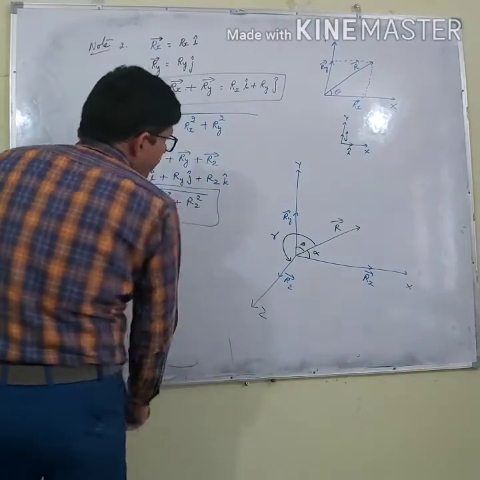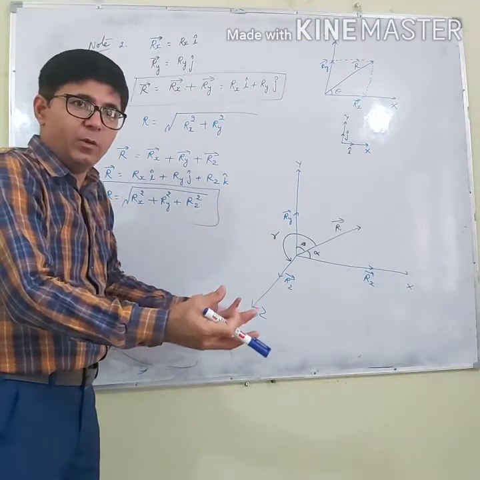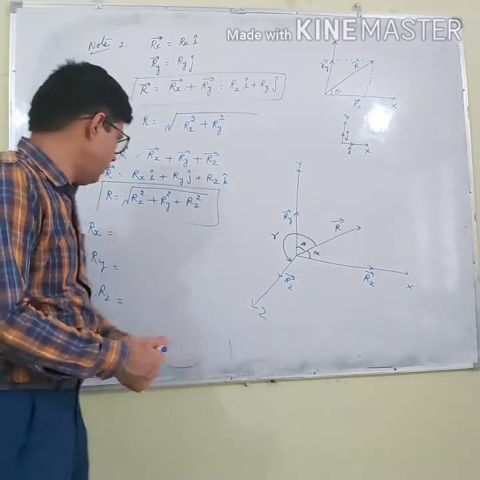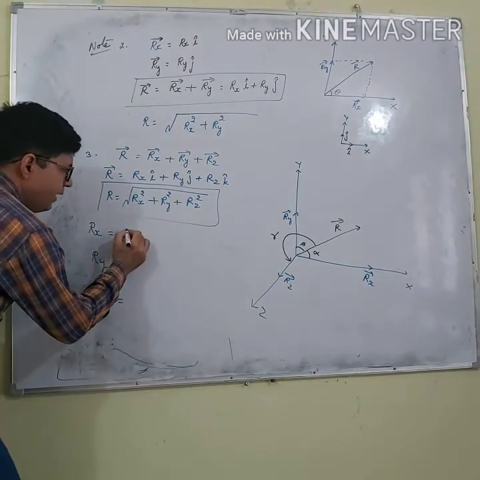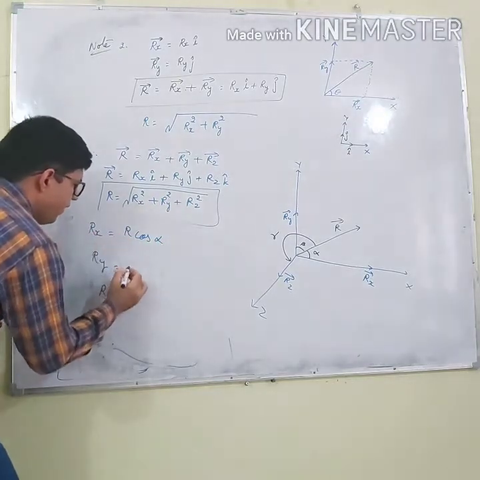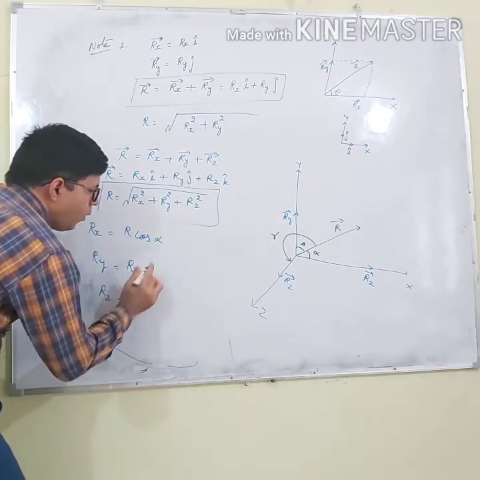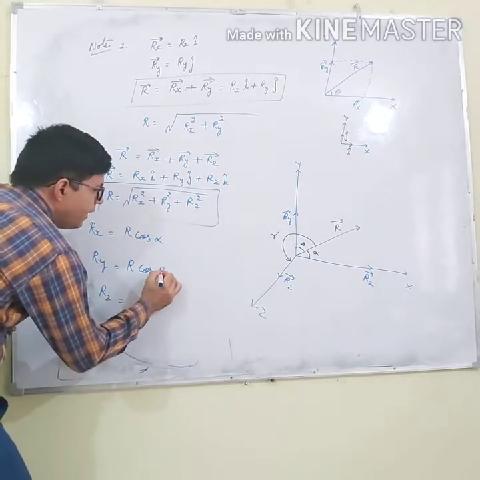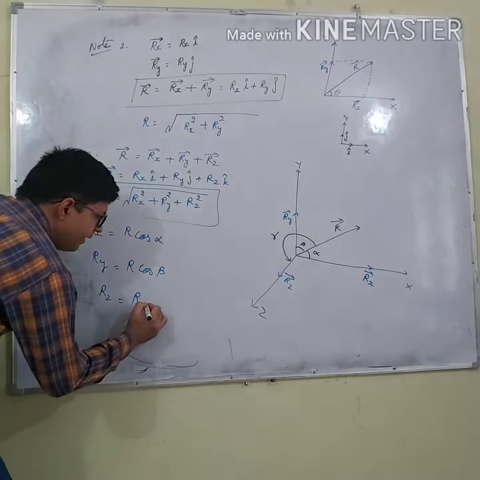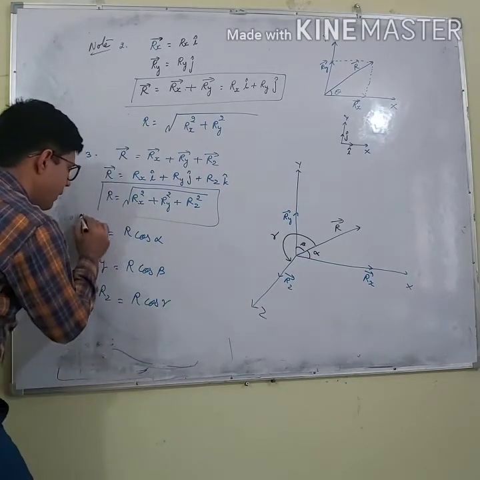Now, what I told you, with the angle, you have to use cosine of the angle. So Rx can be written as R cos alpha, Ry as R cos beta, and Rz equals R cos gamma.